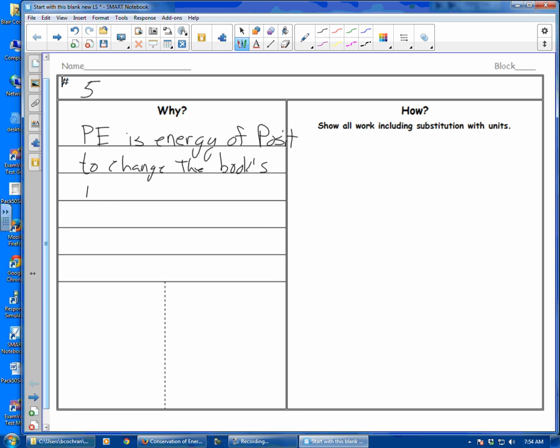The book's position, work is done against gravity. Thus, it's going to be PE grav.